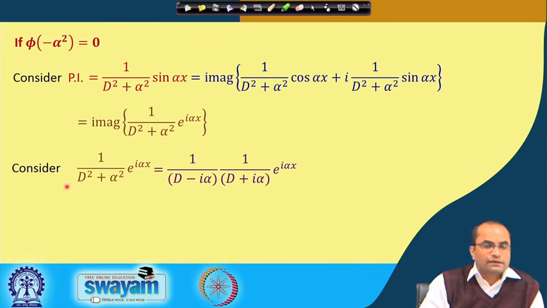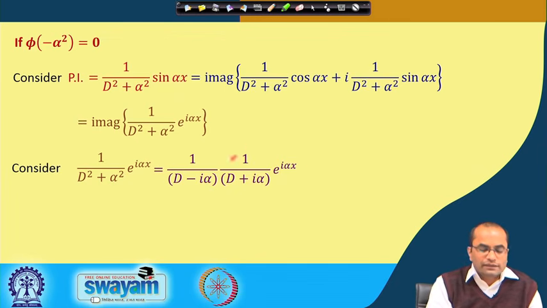This we can now rewrite, 1 over d square plus alpha square as 1 over d minus I alpha into 1 over d plus I alpha. So, d square plus alpha square we have written like d square minus I alpha whole square, and then we can write this in the d minus I alpha and d plus I alpha form.